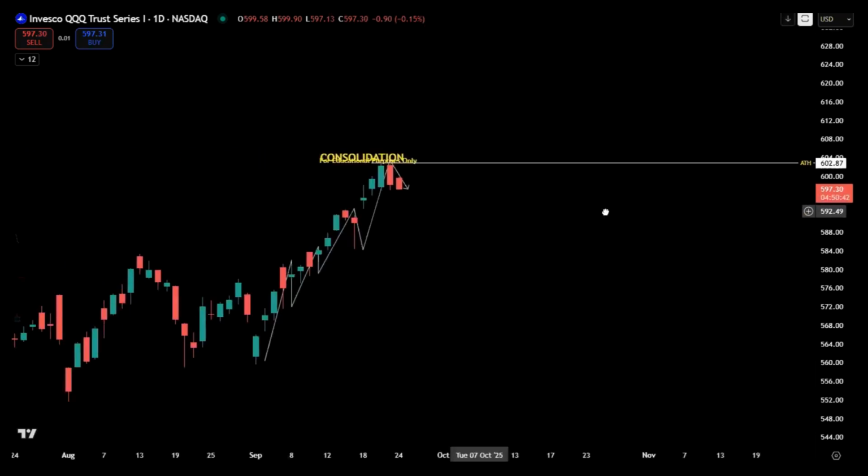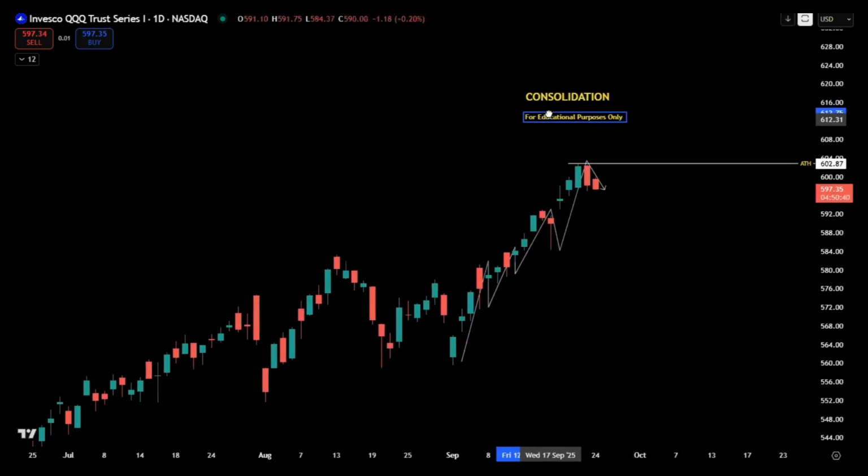In order to go higher, you have to pull back. So in order for me to go here and go up to these other levels, I've got to pull back to go up, pull back to go up, pull back to go up.